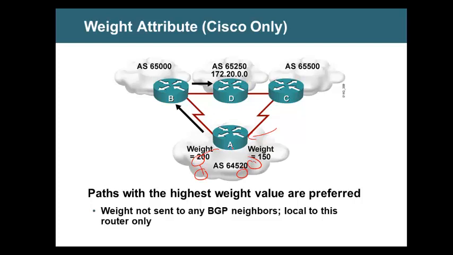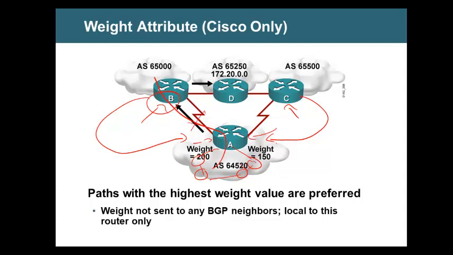I'm connected to two different ISPs, B and C. B is giving me the path to reach Yahoo, and C is also giving me the path to reach Yahoo. I prefer to go via ISP B, so I will configure neighbor B, weight 200. So all the traffic will exit this way. Only if this goes down, it will fall back to the other one.